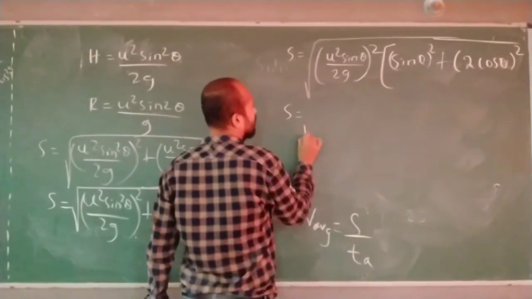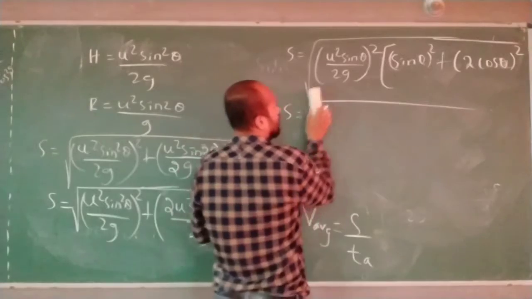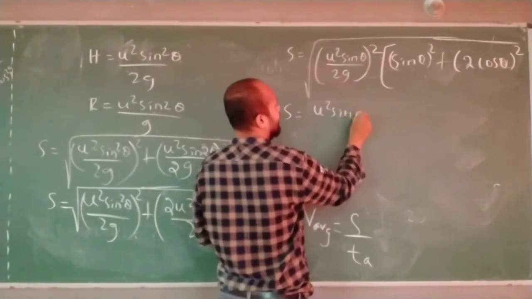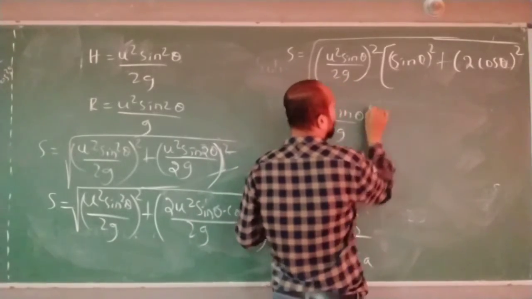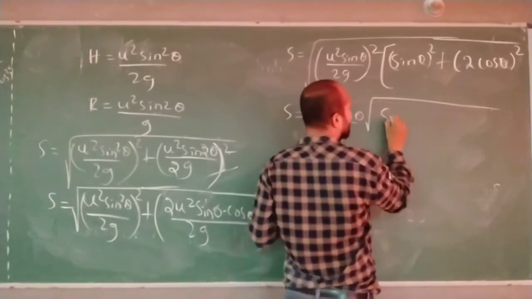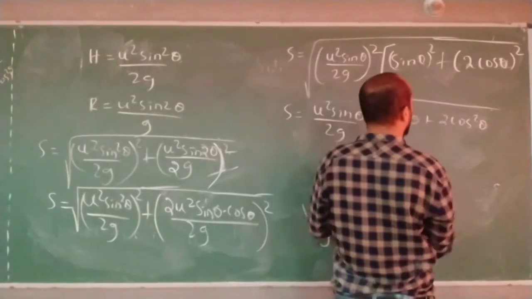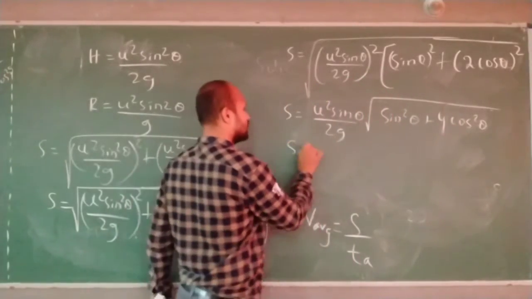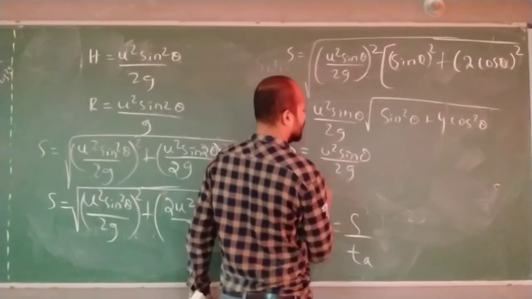S is equal to u square sin theta by 2g into root of sin square theta plus 4 cos square theta. Not 2 cos square theta, 4 cos square theta. So displacement is u square sin theta by 2g times this.